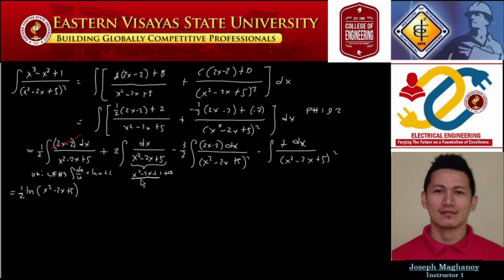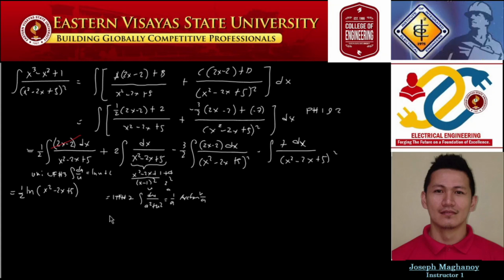So we can factor x squared minus 2x plus 1, and it will become (x minus 1) squared, and 4 becomes 2 squared. So we can use ITF in this form. This is our a and this is our u. If we're going to use our inverse trigonometric formula number 17, that is the integral of du over a squared plus u squared is equal to 1 over a arctan of u over a.